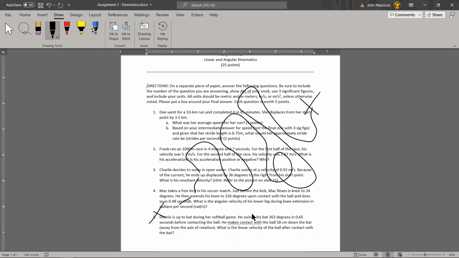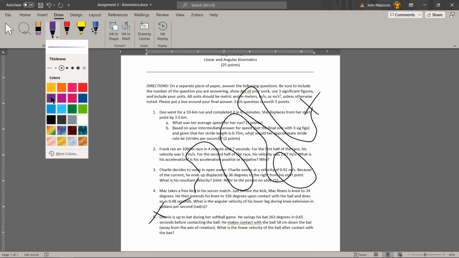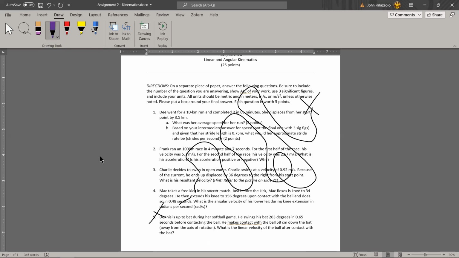However, let's see if I can change the color of my pen. This might be easier just using my mouse. If we're looking at displacement, though, we're looking at from one point to another. This straight line is our displacement. Generally, for displacement we use a small case d.